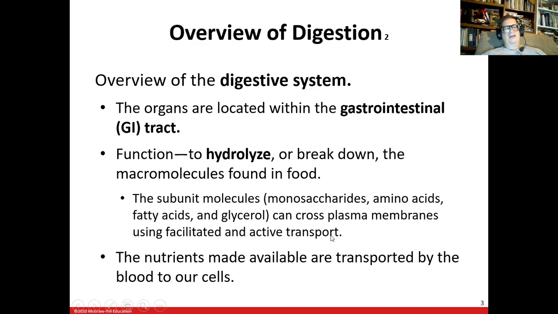Some of them you have proteins that help them across, but it's not active transport because it doesn't require energy. Anyway, in all of them, the goal is to take the big molecule and break it into little parts that can get across the membrane easier. And those nutrients are transported mostly by our blood. I say mostly because we have the lacteals in the lymphatic system that we just talked about that are full of fats coming off the intestines.